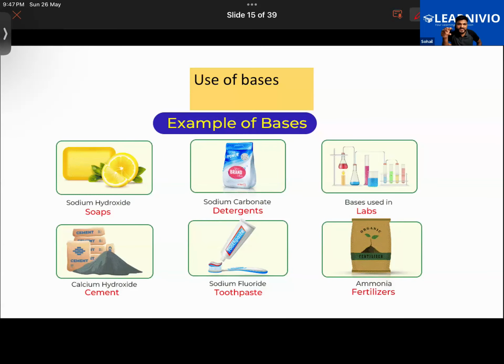I have a question. Can there be some use of neutralization reaction in our life apart from these examples which we have discussed? These were some daily phenomena that we see around us.